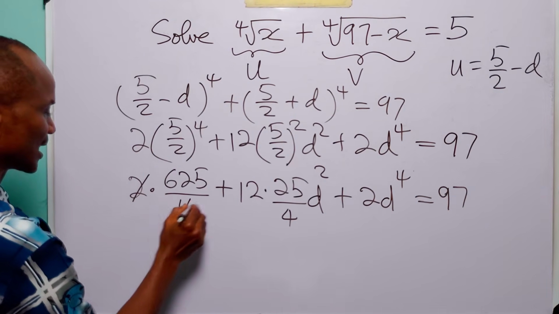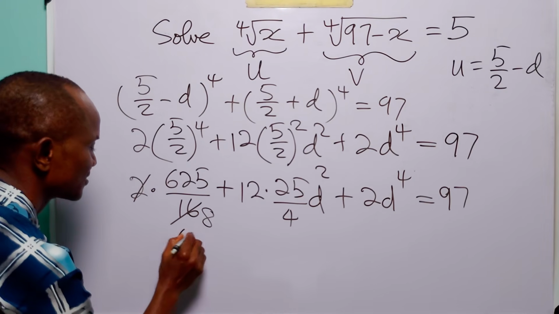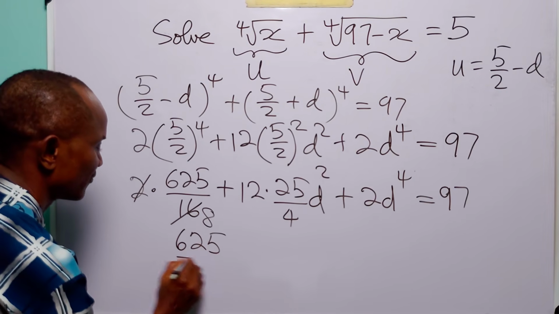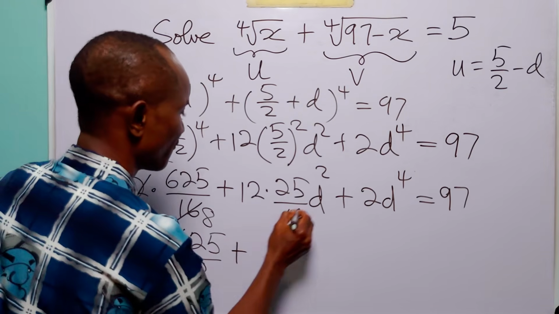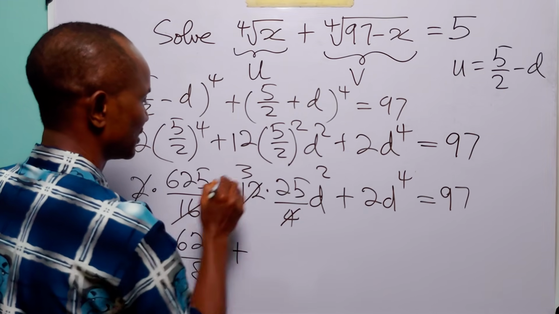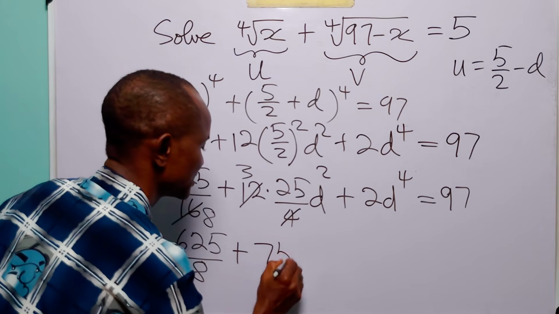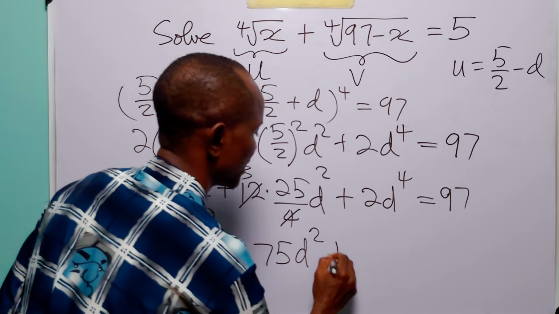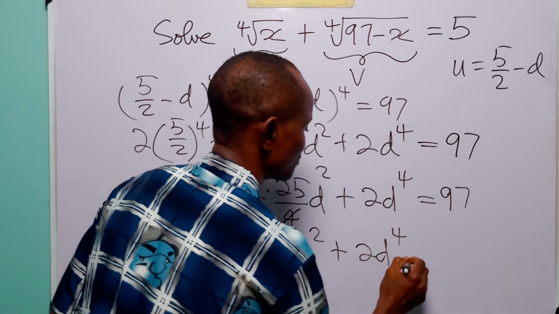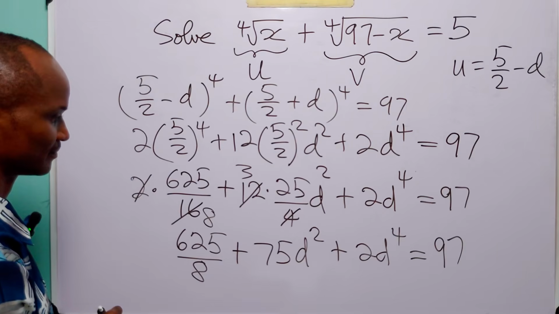Of course, 2 can go into 16 to give us 8. So this is 625 over 8. Plus 4 can go into 12 to give us 3. 3 times 25 is 75d squared. And here we have 2d to the power 4, and everything is equal to 97.